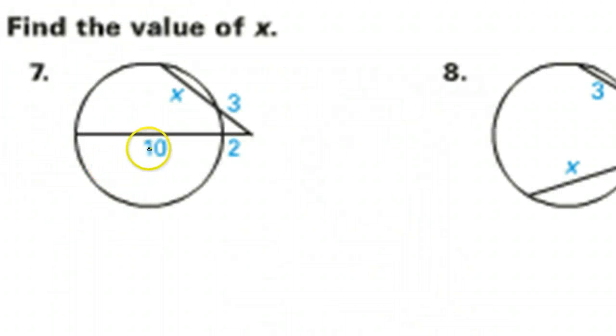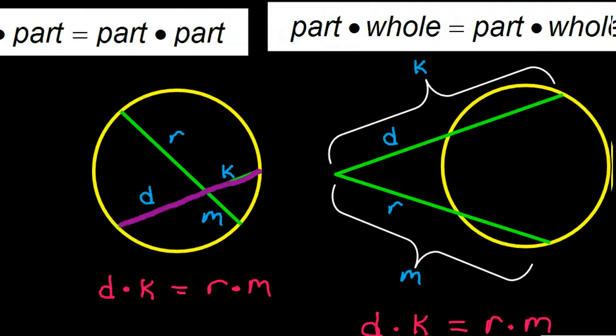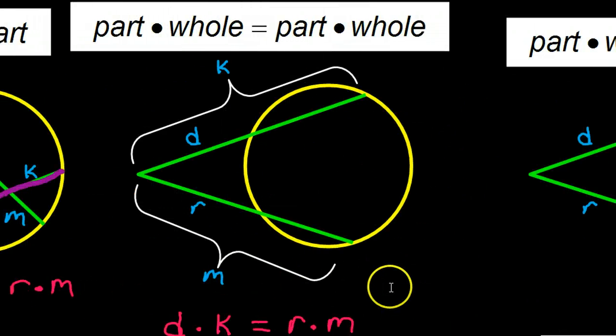Alright, now with number 7 we need to introduce a new formula, because notice how this time the segments are coming outside of the circle. When that happens, this is the formula that we are working with. Part times whole equals part times whole. Now when I say part times whole, it has to be the external segment times the whole secant.